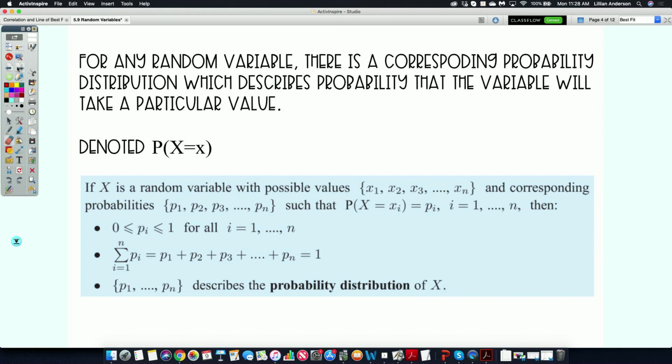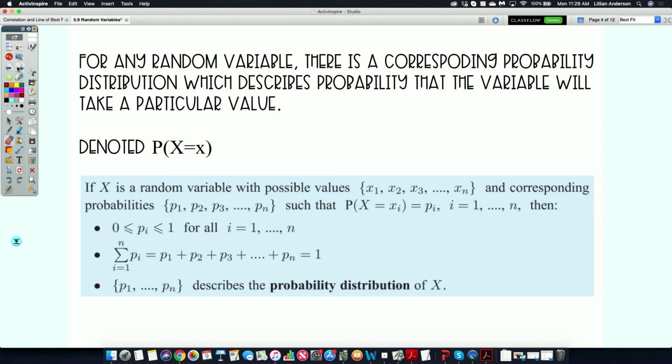This probability distribution describes the probabilities of each of those outcomes. And it's denoted, I changed the font so you make sure you see it, as P, parentheses, capital X equals lowercase x.